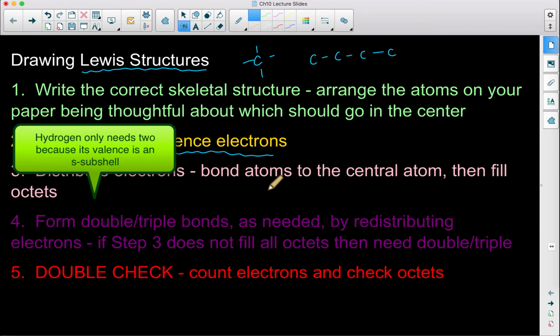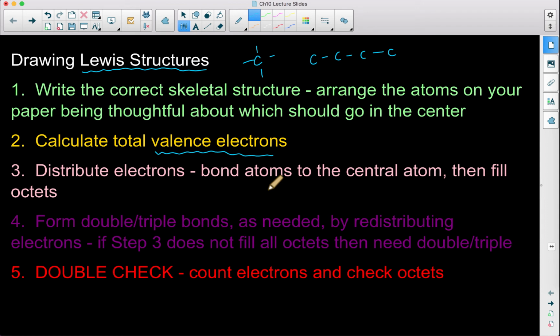So anyway, we're going to calculate our total number of valence electrons, then we're going to distribute electrons, form bonds to the central atom, and then fill our octets. Here, though, there should be a little special mark. Is that how they all go? Are they always going to have a central atom to which things are bonded? First, we really need to identify the type of compound.